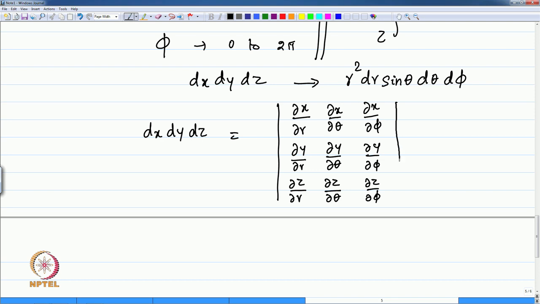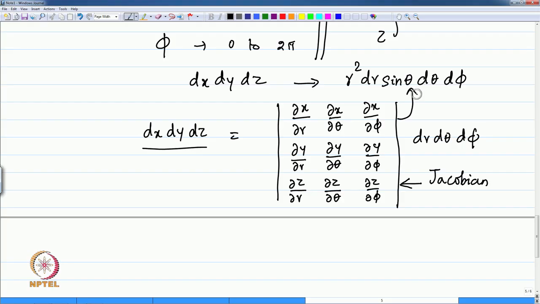The determinant of this multiplied by dr d theta d phi is called the Jacobian, and this is an elementary transformation matrix that transforms volume elements from one coordinate system to another, and this Jacobian has the magnitude r square sin theta with dr d theta d phi.